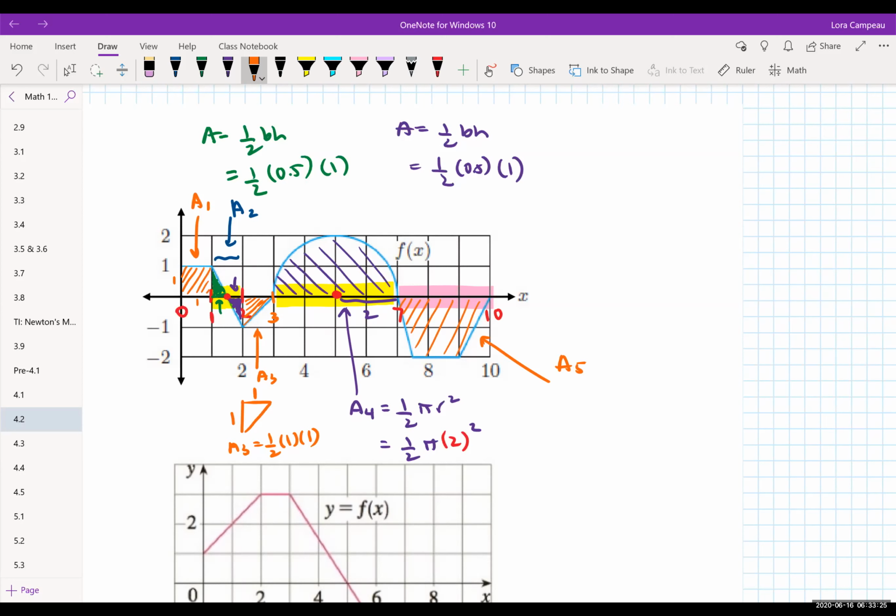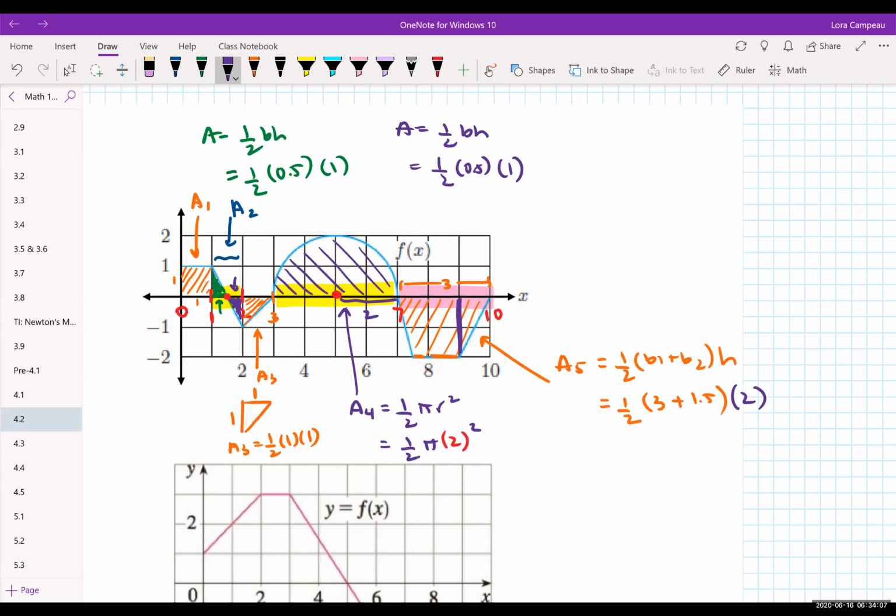But area of a trapezoid, if you remember, it's 1/2 base 1 plus base 2 times the height. So in our case, our base 1 is 3. That's the distance from 7 to 10. Our base 2, if I want to be a little more precise, I know for sure it's 1 unit, and it looks like we're going to estimate it's 1.5, 1 and 1/2. And then our height happens to be 2 units.